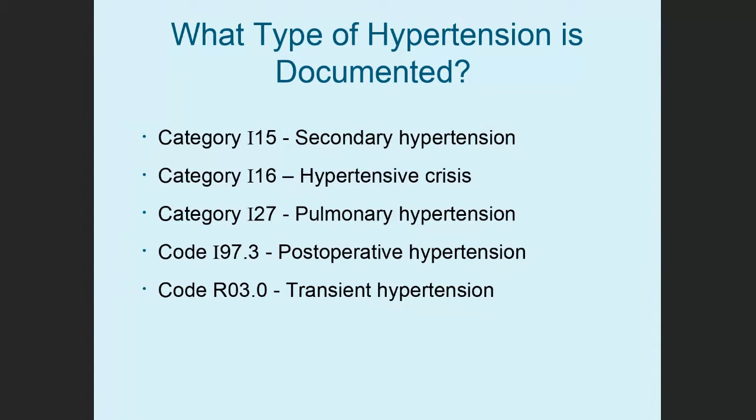Category I16, which is hypertensive crisis. Category I27, which is pulmonary hypertension. And then you have code I97.3, which is postoperative or post-procedural hypertension. Finally, there's a code for transient hypertension, R03.0. Each of these will be discussed in the next slide.